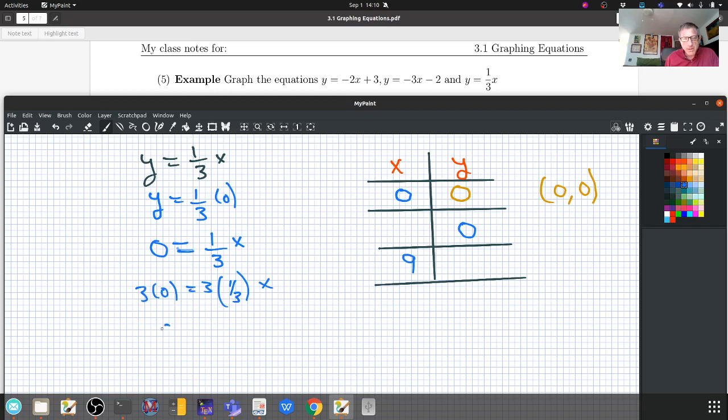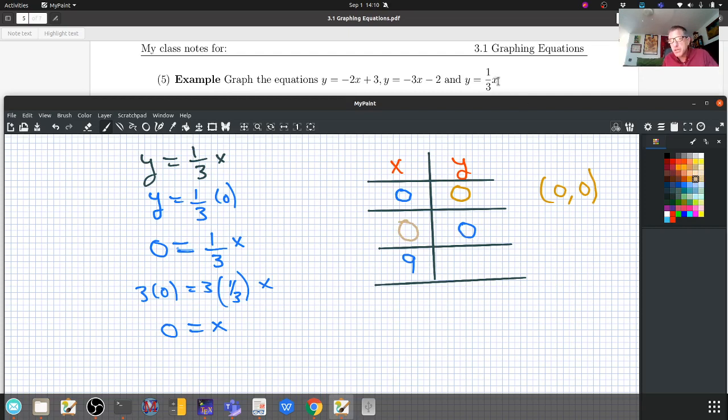Three times 0 is 0, so 0 is equal to x, because 3 times 1/3 is 1. So I get the exact same point. So I didn't help. It turned out that using my kitty corner method I did not get two distinct points.